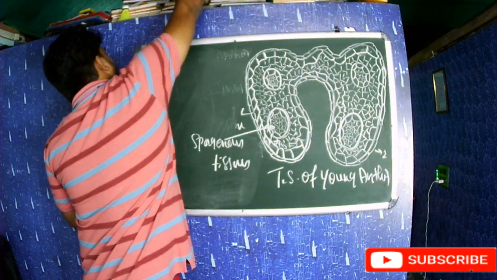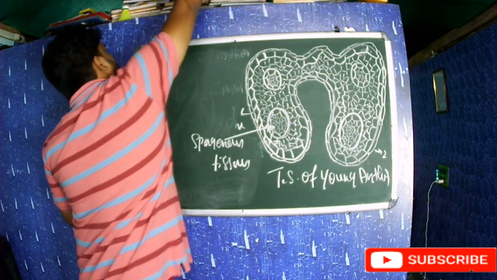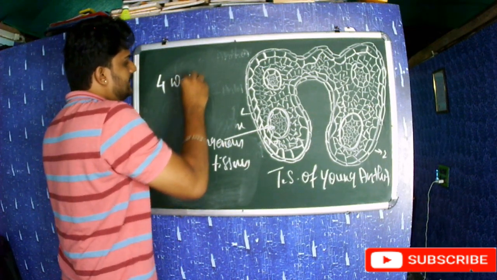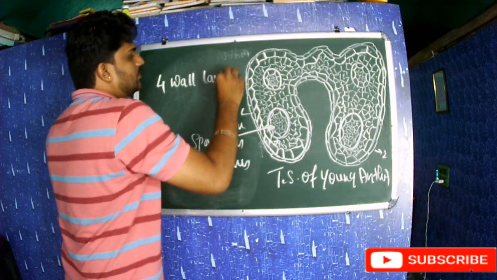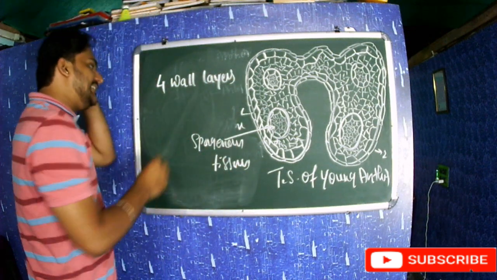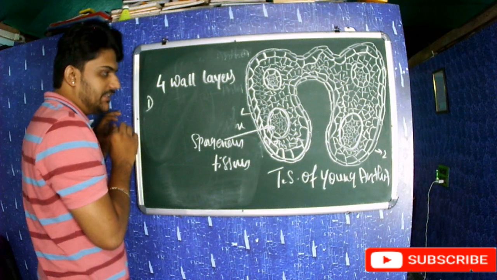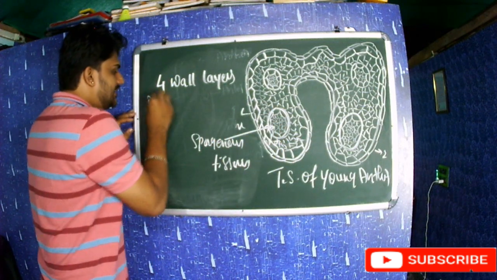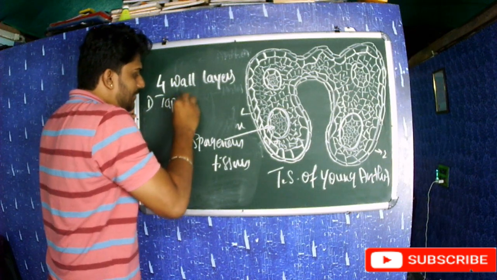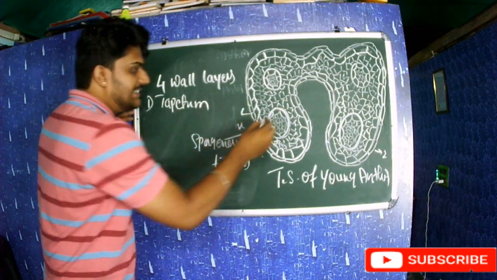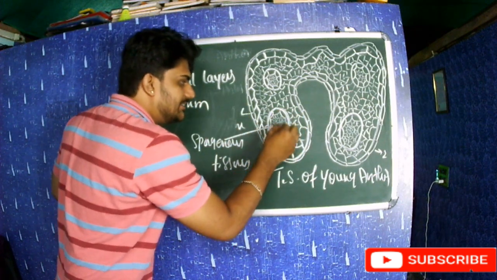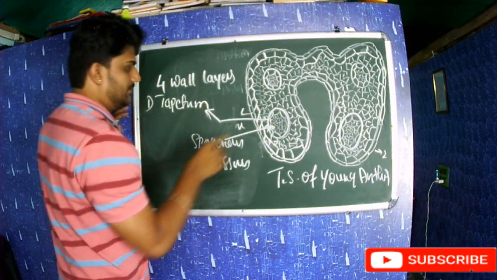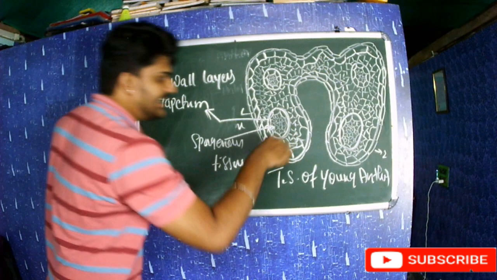And what are those 4 wall layers? Let's see. The first wall layer soon after the sporogenous tissue, coming from the inside, is the tapetum.